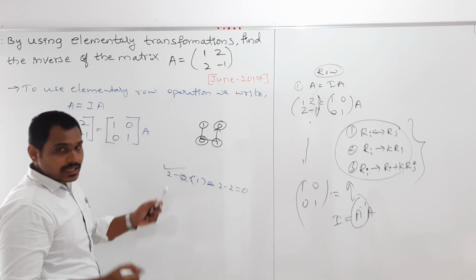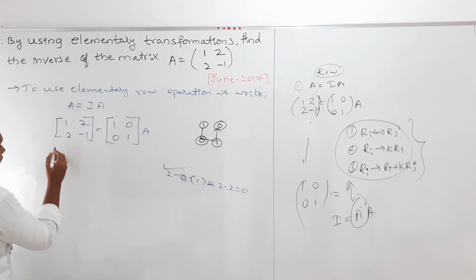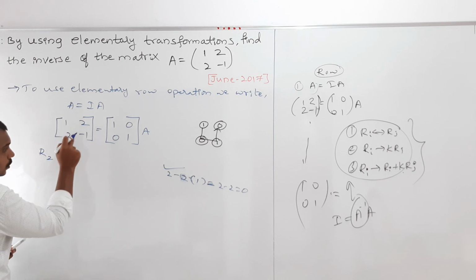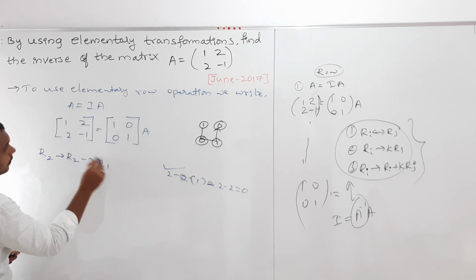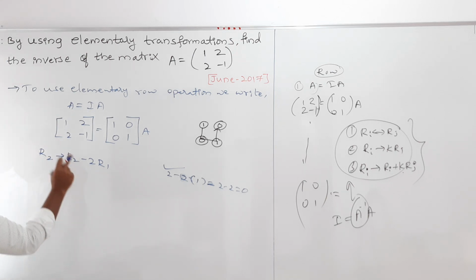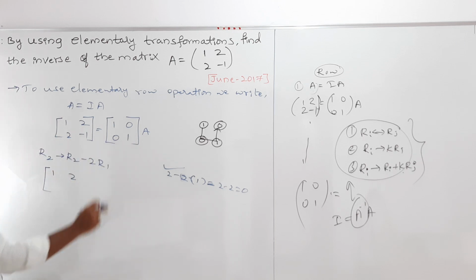So like this you should think in your mind, and then apply the operation. What is that? I should change row 2. So row 2 changes to row 2 minus 2 into R1, so that this element will become 0. Therefore row 1 is as it is, 1, 2. Next, the entire row 2 you should change.